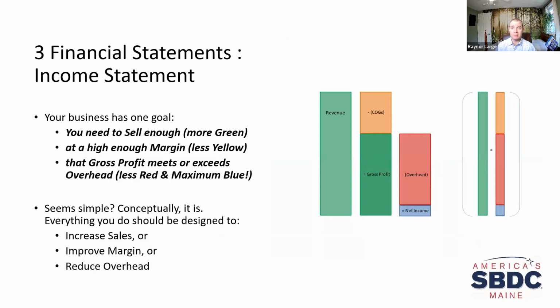You want to maximize your sales, increase that green portion as much as possible. You want to control your direct costs, be more efficient, reduce that yellow as a percent of revenue. And then control your overhead, not necessarily reduce your overhead. There are valuable ways to invest in additional overhead costs, but understand what that is and recognize if there are parts of that overhead that tend to trend upward year over year.